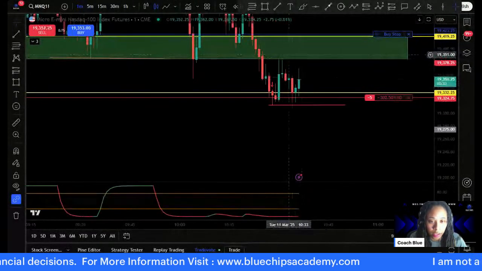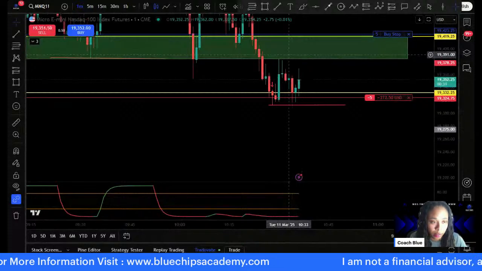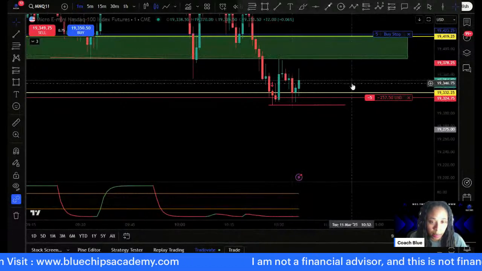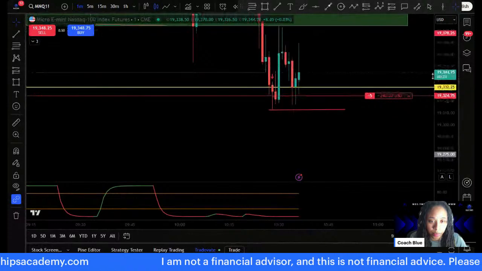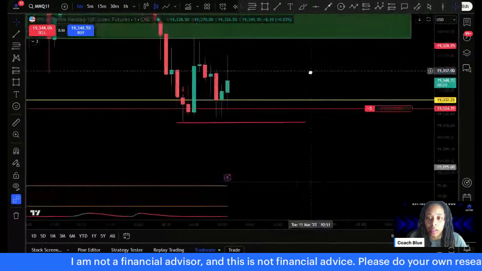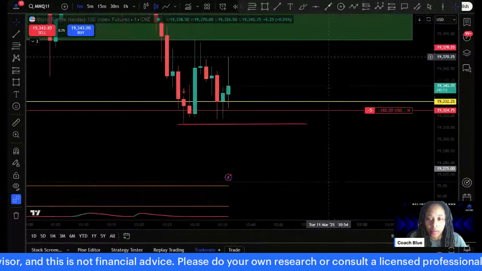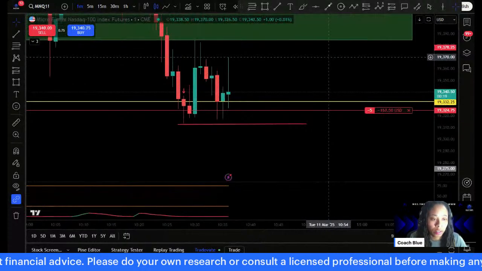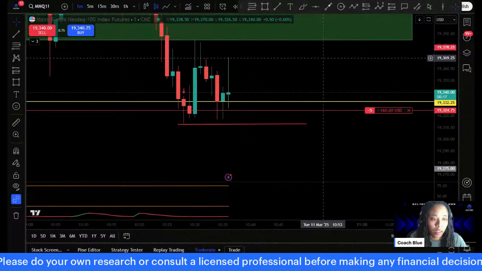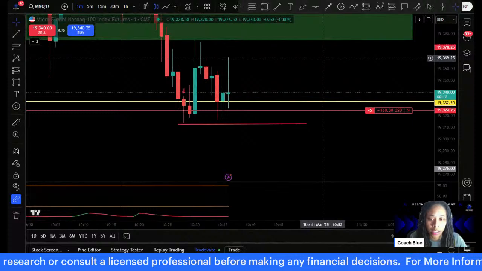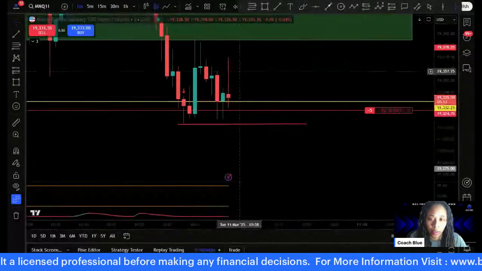Right here, we got 30 seconds left on this candle. Still a lot of time on that 1 minute candle. Let's see how it closes, though. Very interesting. 15 seconds. That's a good sign. That wick right there is a good sign.